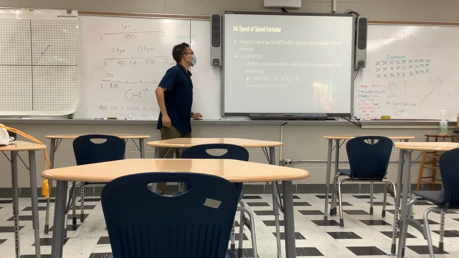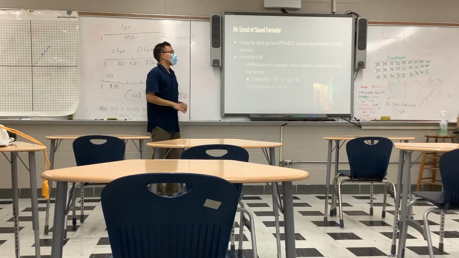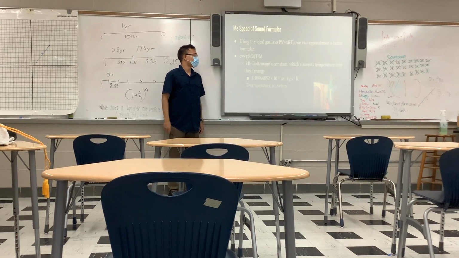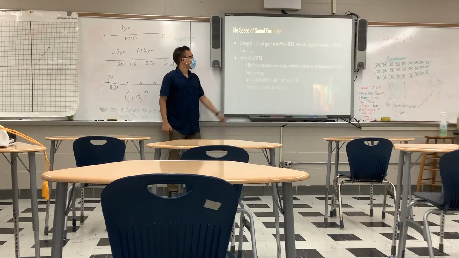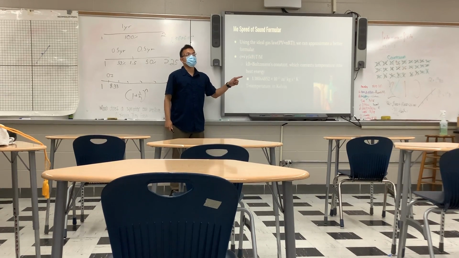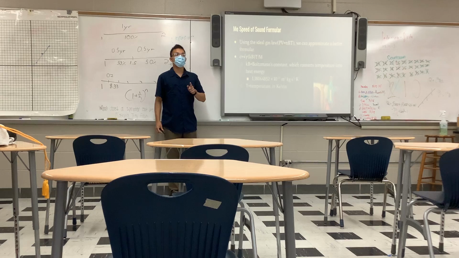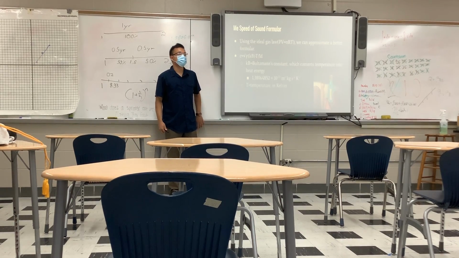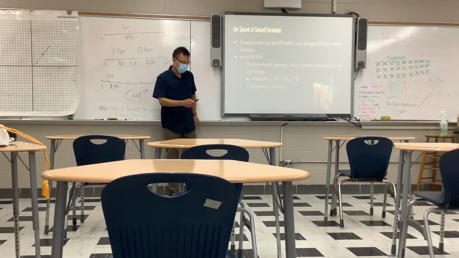Yeah, it's that. Basically, it's temperature into raw heat energy, and temperature in Kelvin. The M is the mass of one molecule or one atom of a substance in kilograms.